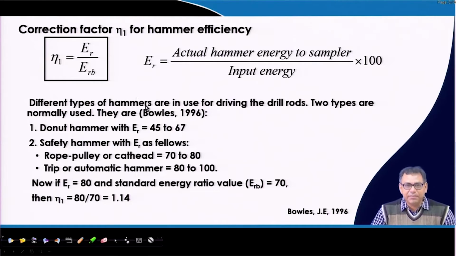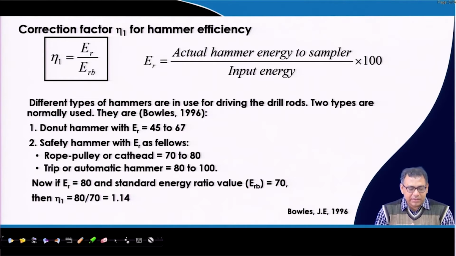And what is ERB? ERB is a standard energy. What is standard energy? In a site you may be doing, say, 1000 penetration tests, and it may not be possible to conduct all the tests at the same energy.